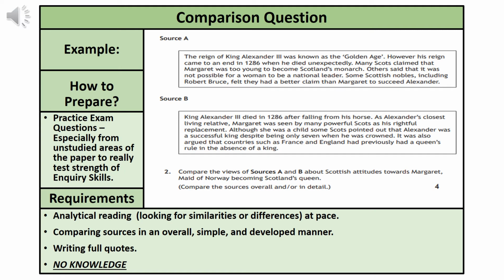They don't need to know what's in the text. They don't need that for their learning. But what they do need is to be able to look through that source and be able to pick out similarities and differences. So they can do that with any comparison question, whether it's from the topic that they're studying or not.